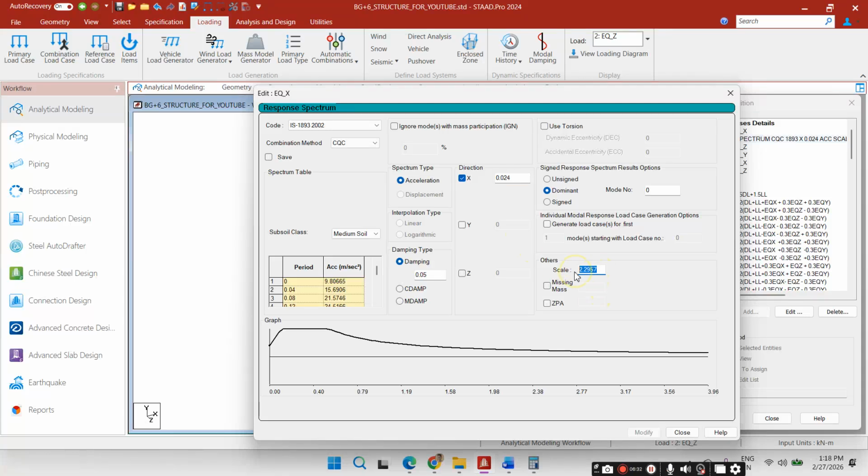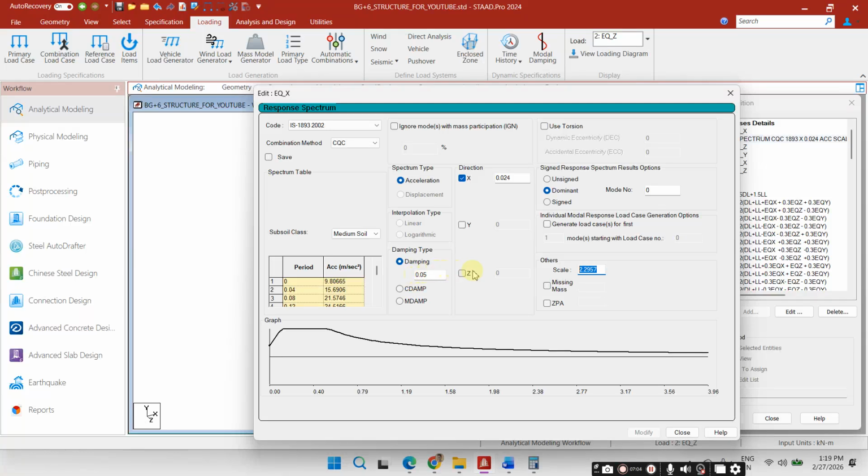And this is the scale up equal to the base shear according to the base shear of the static case. So you have to scale up by multiplying the scale factor 2.2957. Damping ratio is 5%. 5% damping means the dissipation of energy.